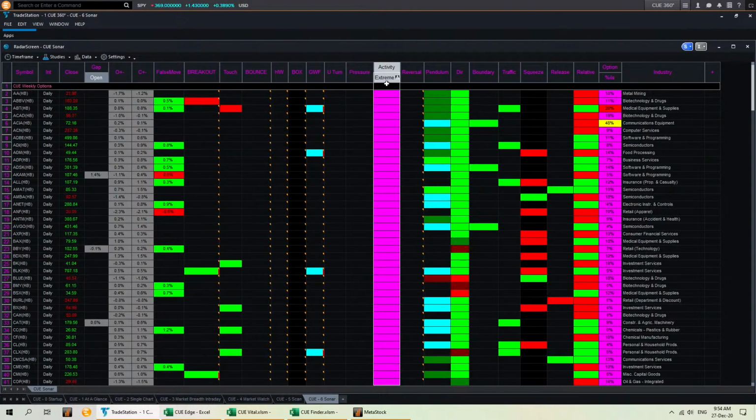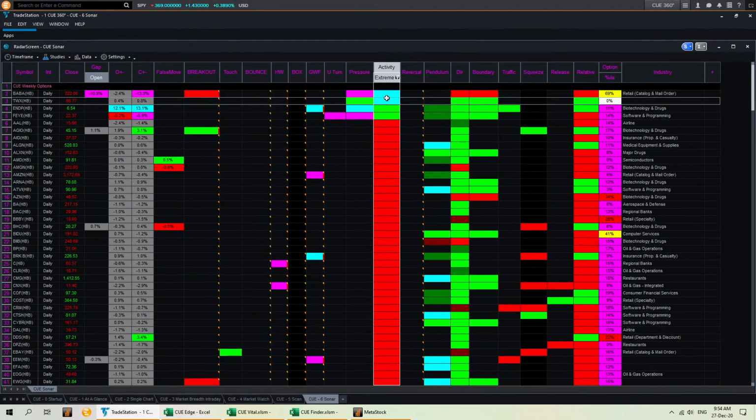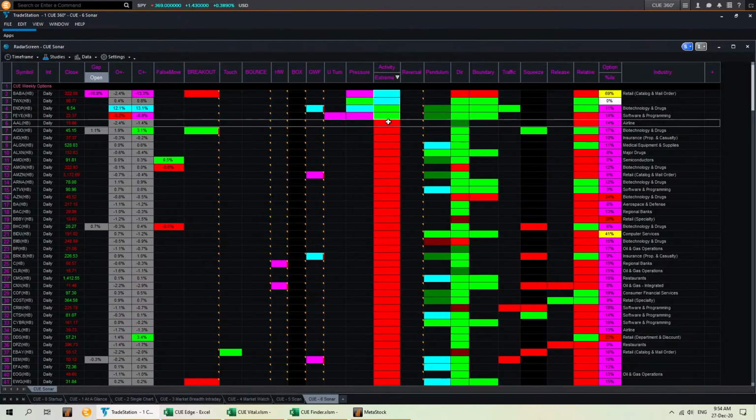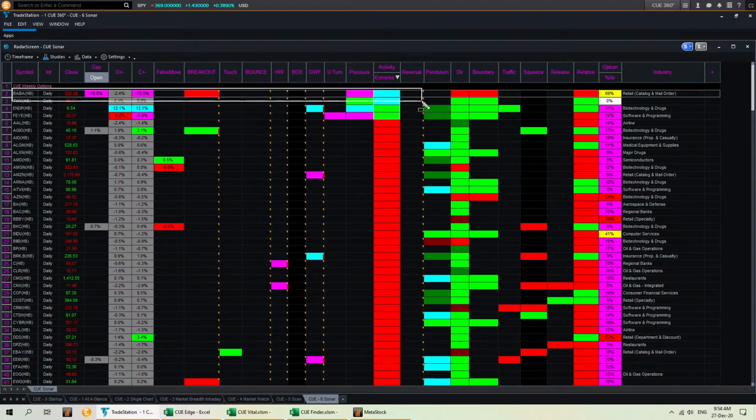If I sort by activity, usually you will look for high activity moves. The low activity moves may not be of that much interest, but if we look at the high activity moves, then Baba, the top stock, has very high activity.